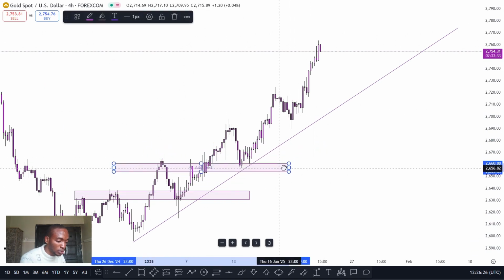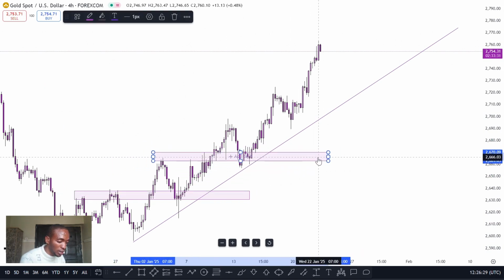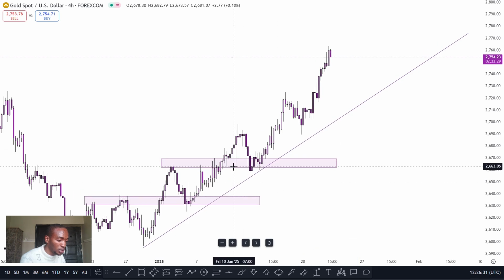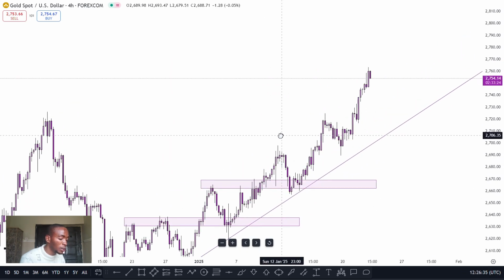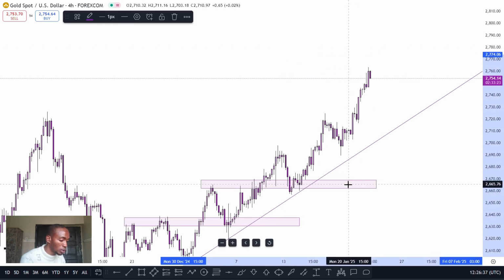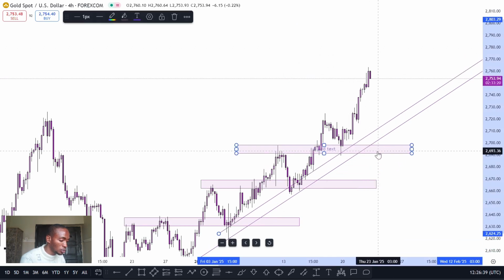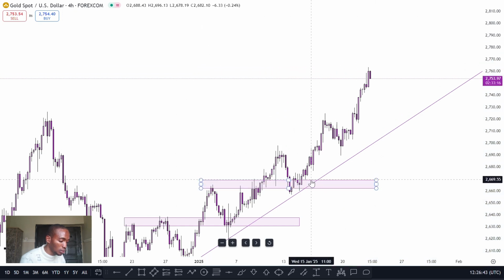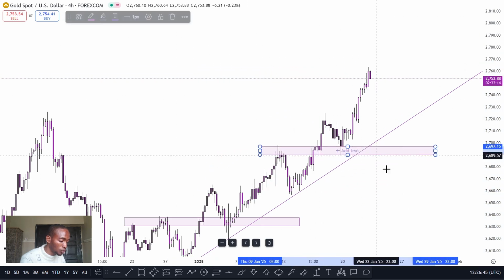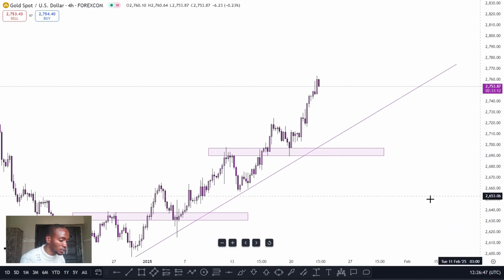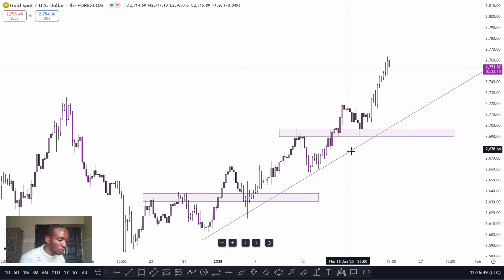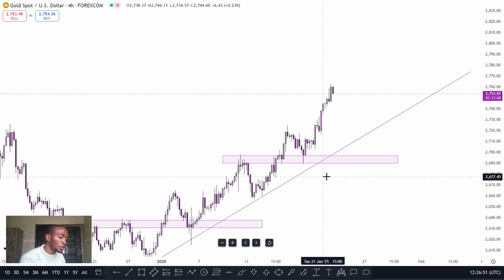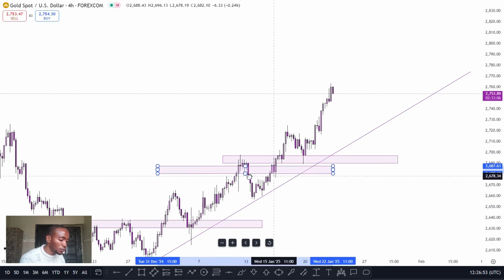If you don't count this one, you can see this other one as well in this zone. What it does is just take liquidity and continue its bullish movement, and then we have another one in this zone, where you just break out and then retest. You feel me? So this is the basic knowledge of how to trade support and resistance.